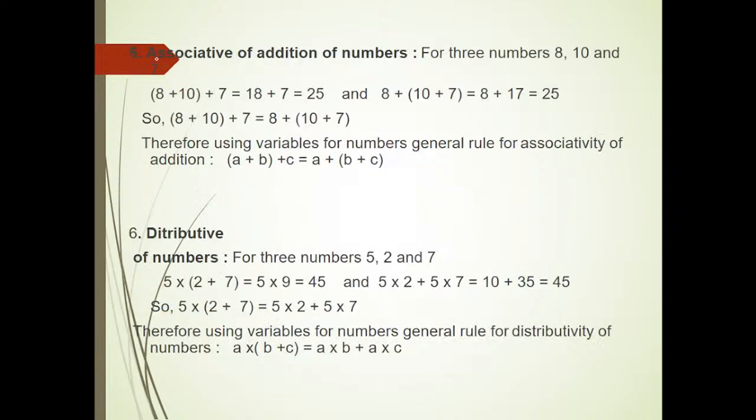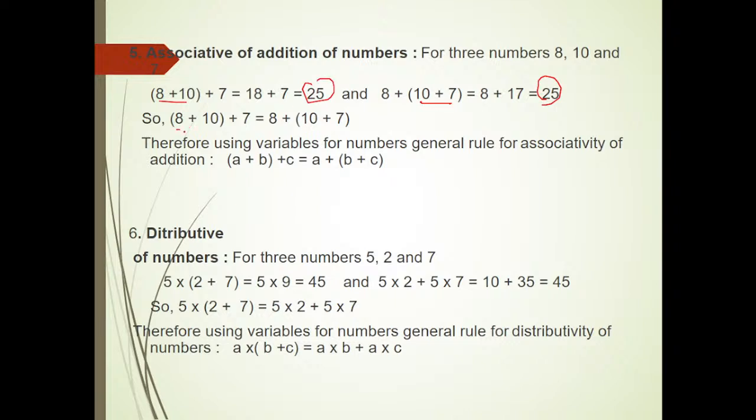We also use this for the associative property of addition, which is grouping and regrouping. For example, 8 plus 10 plus 7 is equal to 18 plus 7, that is 25. Now we regroup: 10 plus 7 is 17, and 8 plus 17 is 25.